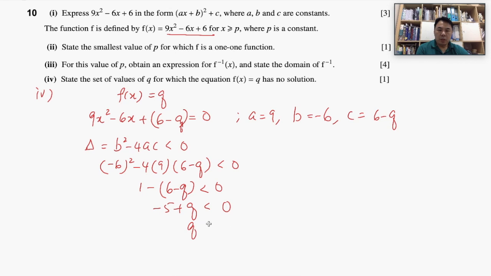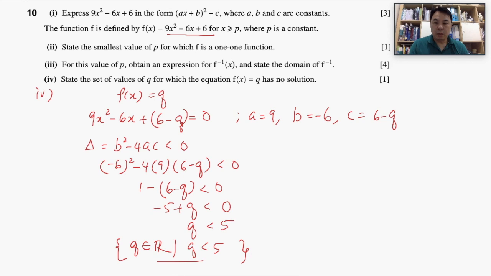And then therefore q must be greater than, sorry, hold on. q must be less than, I think I wrote this down wrongly, less than. Okay, just let me check it. Yeah, so q must be less than 5. So q is the set of all real numbers such that q is less than 5.